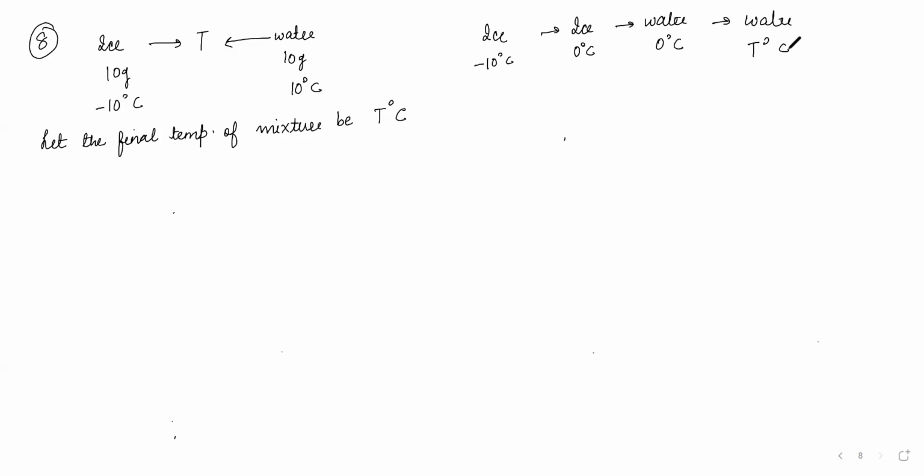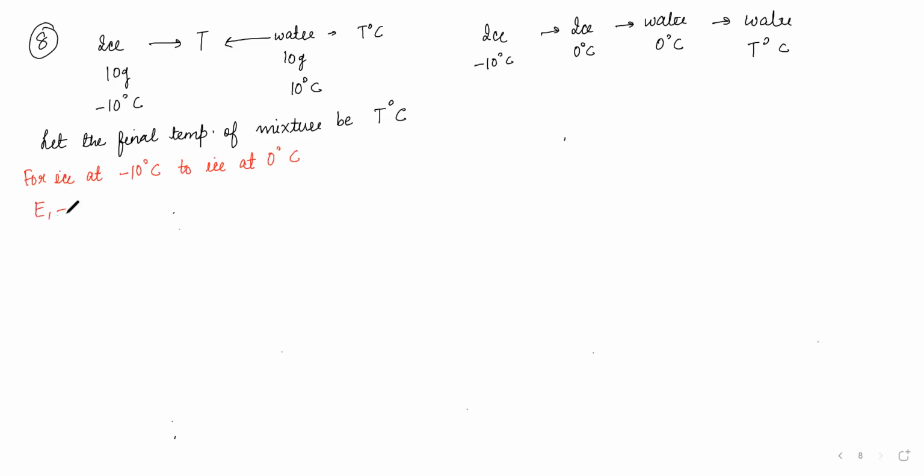And then after that, what we'll be doing? For this water, which is already at 10 degrees Celsius, we will just calculate it up to when it comes to water at T degrees Celsius. So that will be a small one. Okay, so we'll just write it in a proper way. Write down like this: for ice at -10 degrees to ice at 0 degrees, what will be the amount of energy released?